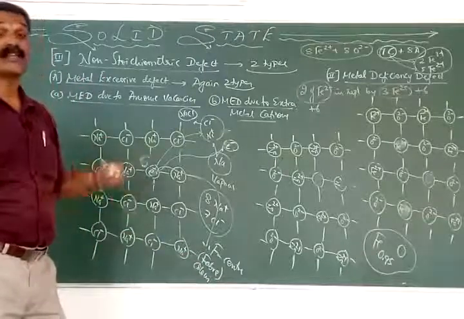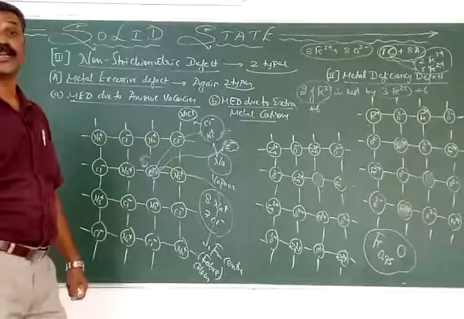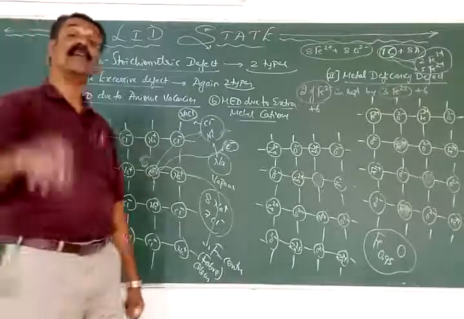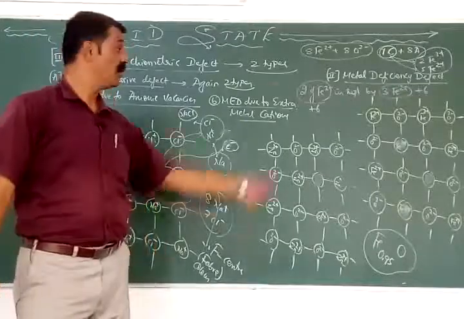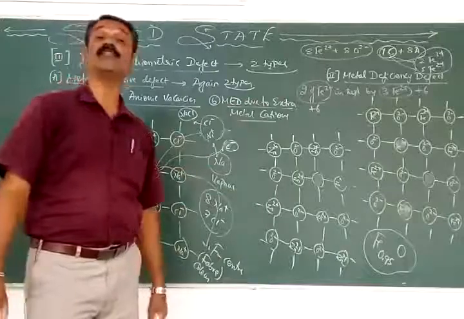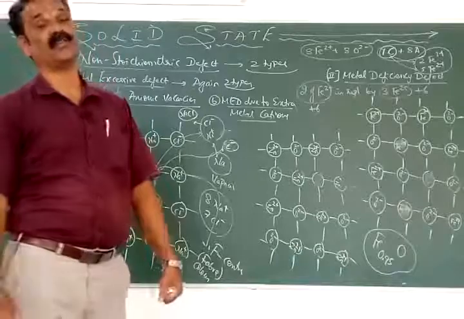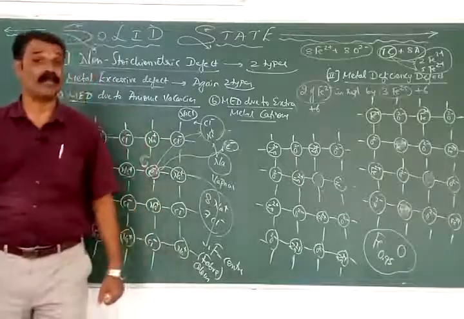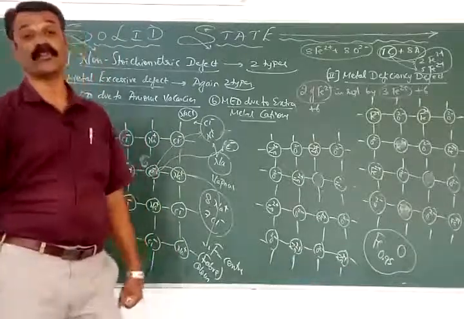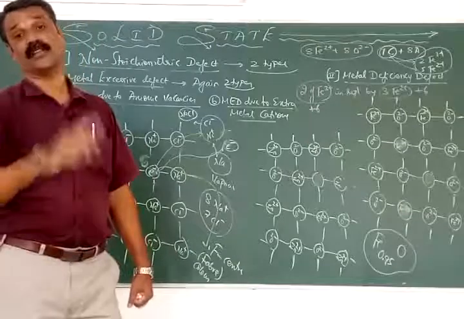More the number of excited electrons, more is the number of F centers. More the F centers, more is the intensity of the color. And lastly we are having the metal deficiency defect, which is observed in case of metals having variable oxidation state, preferably the d-block elements, or sometimes also called the transition elements.